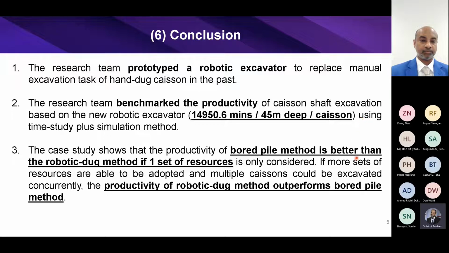The case study shows that the productivity of the bore pile method is initially better than the robotic dug method if one set of resources is only considered. If more sets of resources can be adopted and multiple caissons excavated concurrently, the productivity of the robotic method may outperform that of the bore pile method, as shown in the previous case study. That's all of the presentation. Thank you for your attention.